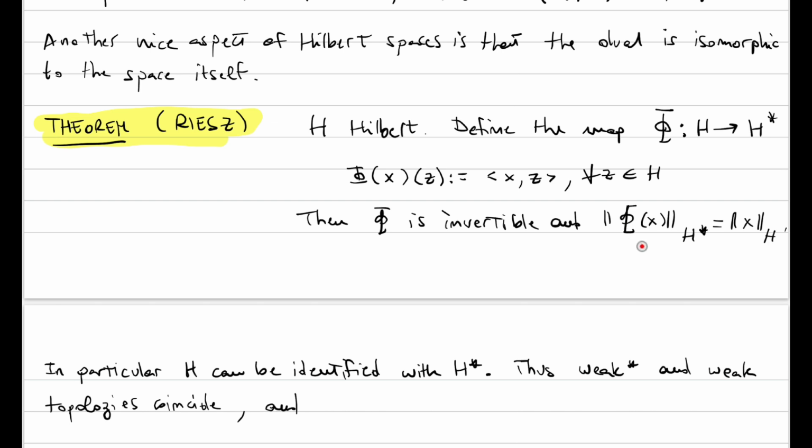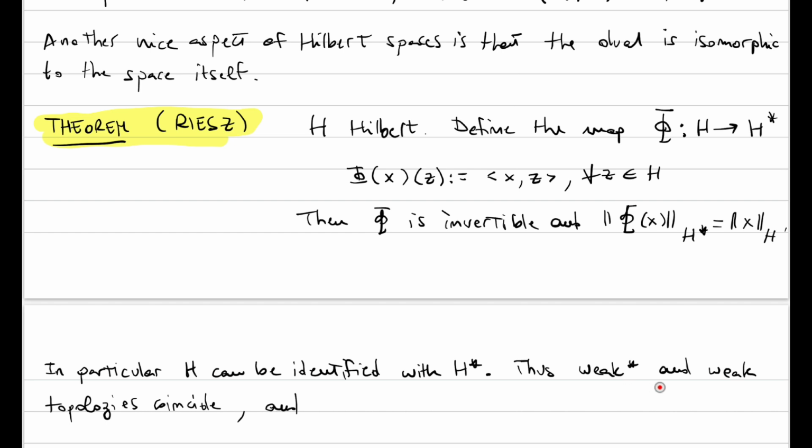The norm of phi of X, the dual norm, is just equal to the Hilbert norm of X. So this is telling you that H can be identified with H star via this isomorphism.